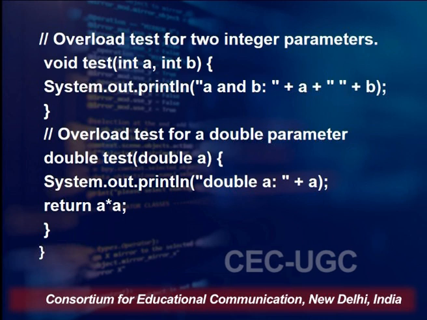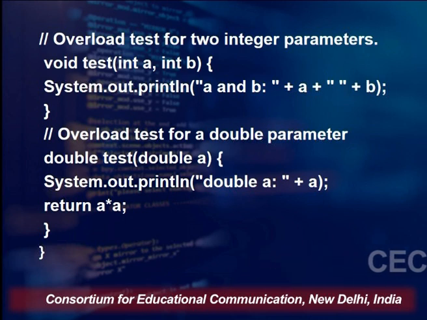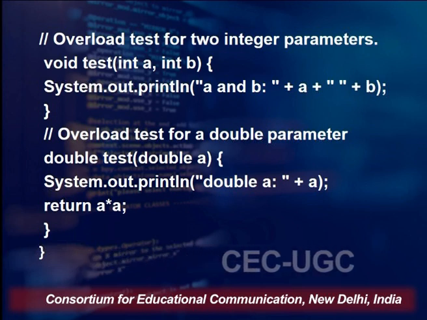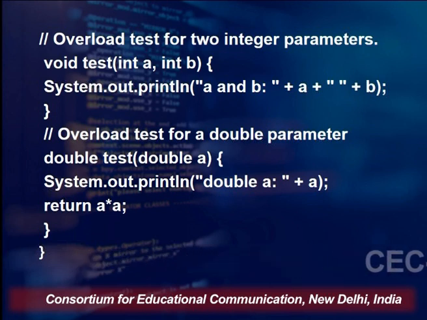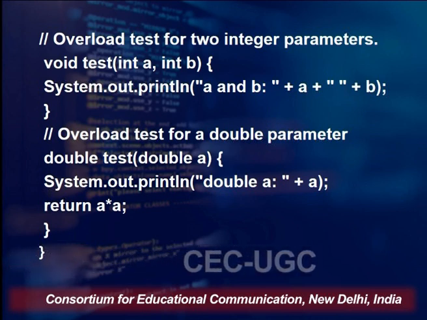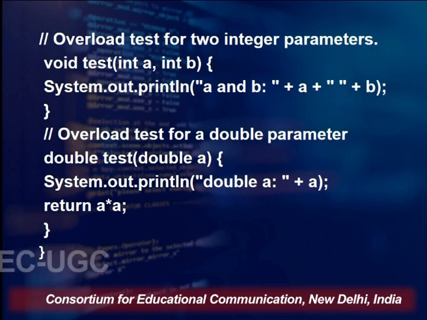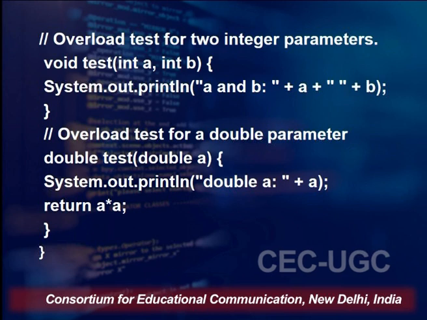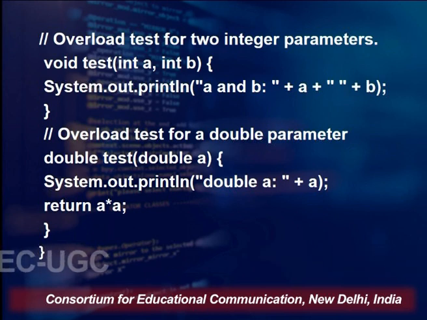And finally, the fourth version of that particular method, named test, having a different return type which is double. The earlier versions were having void, and this time the parameter is also different because this is mandatory: double a. This is printing the value of a, and this is returning a multiplied by a.